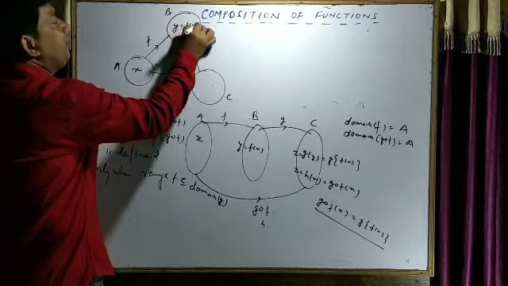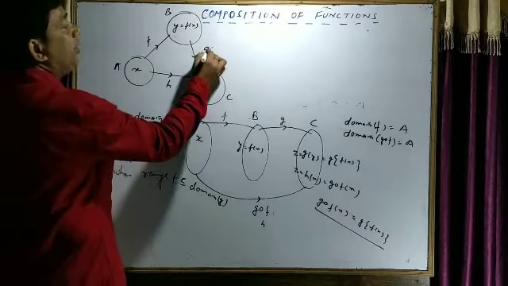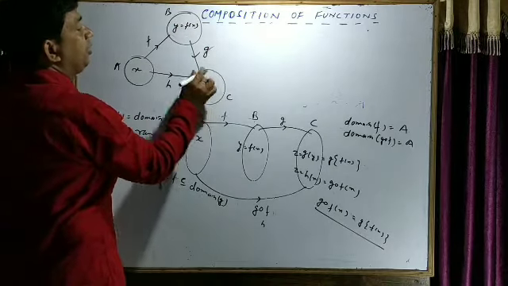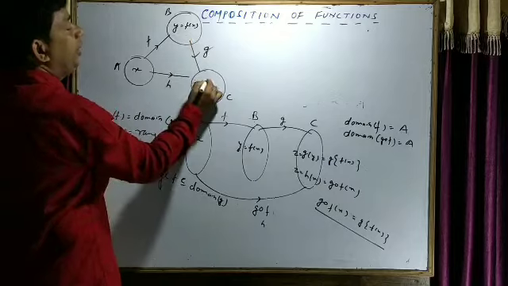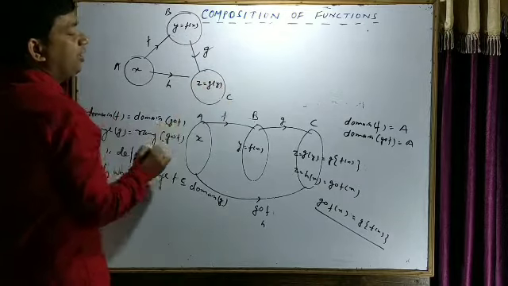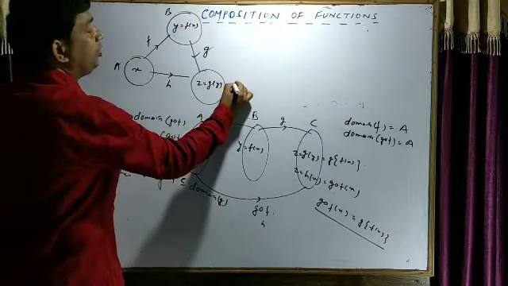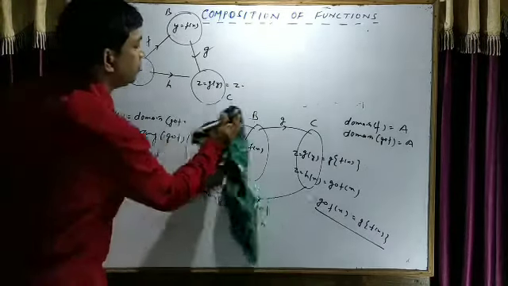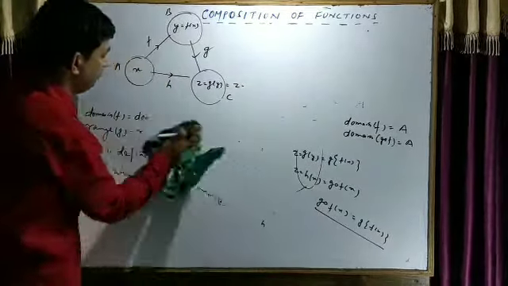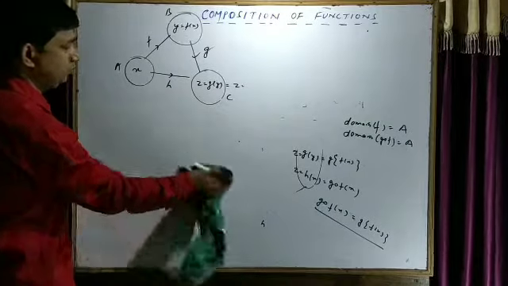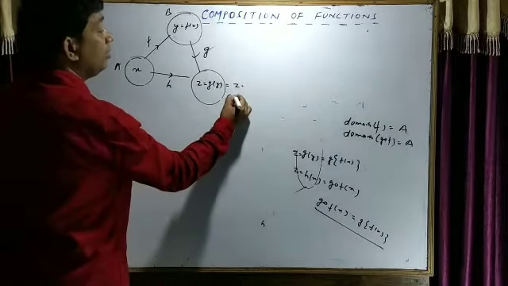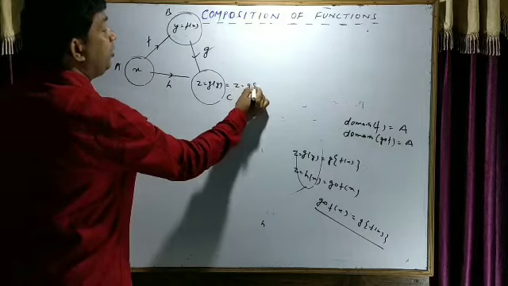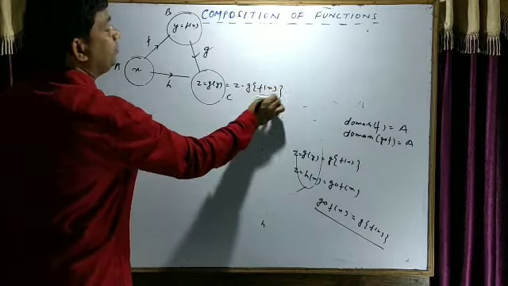So y equal to f of x, and here it is z. So g of y is taken as z, and z equals g of f of x.